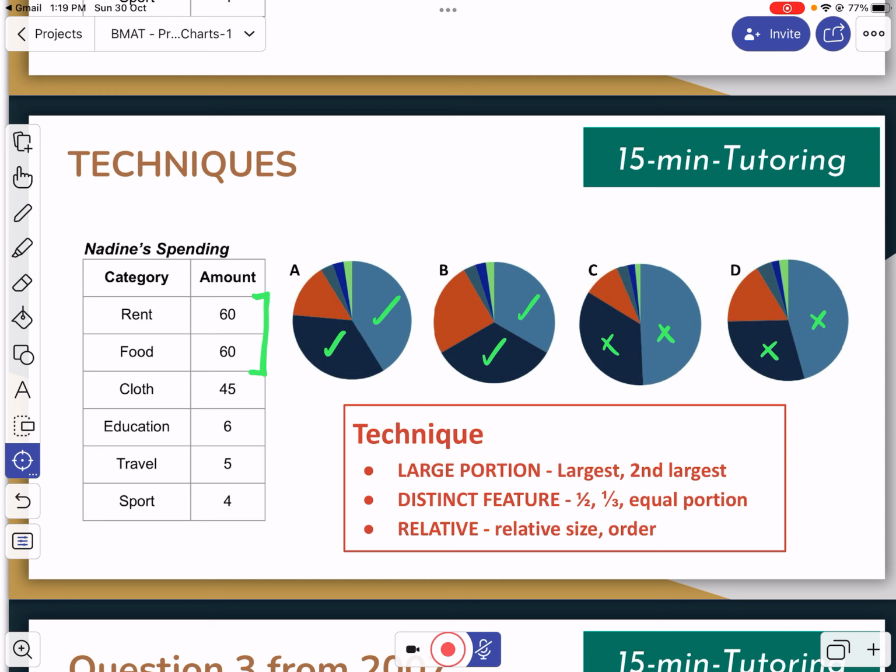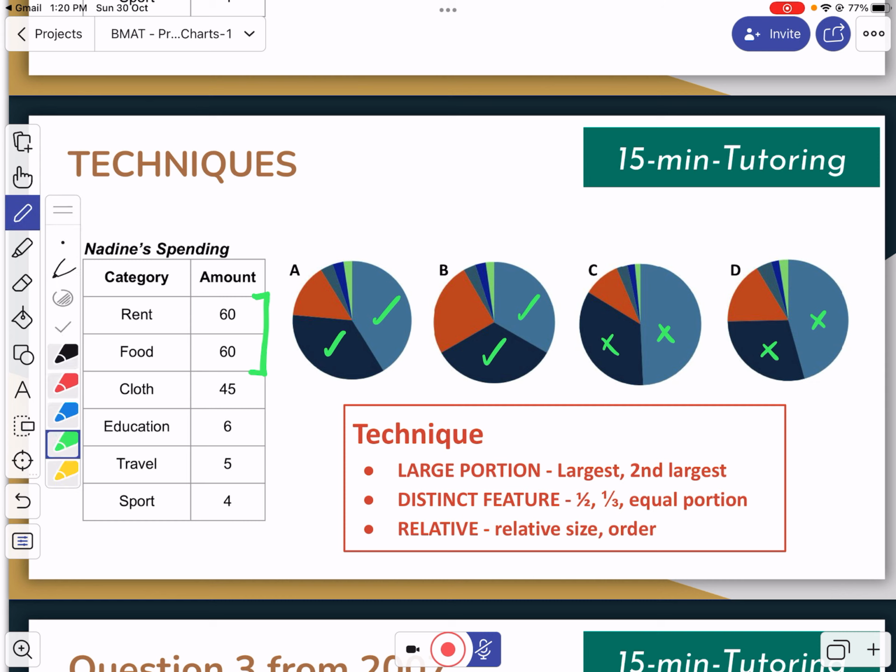Relative size, relative order. So what does that mean? Well, for example, if you look at clothing, you spend 45 on it. But if you look at the answer choices, you won't be able to say whether or not this portion is 45, right? It's too difficult for the eyes. Well, you can work around this by looking at relative size.